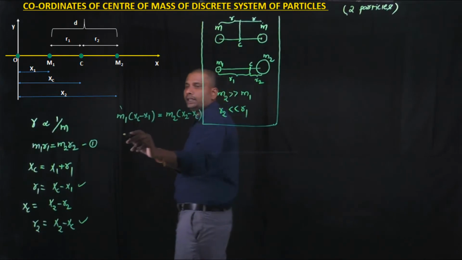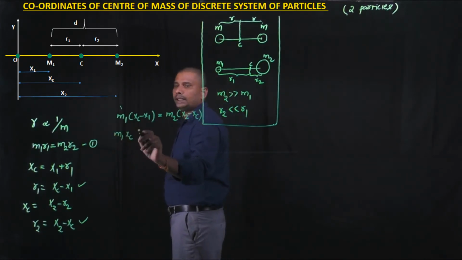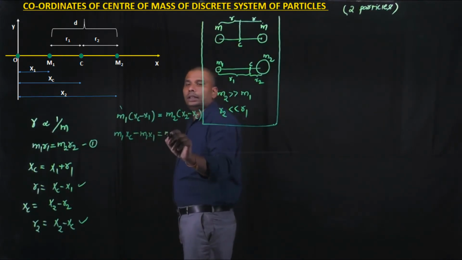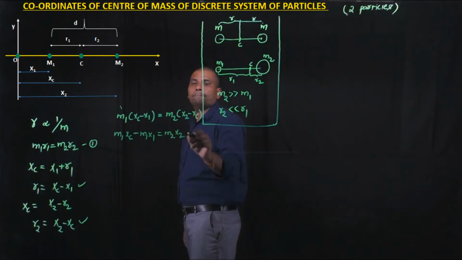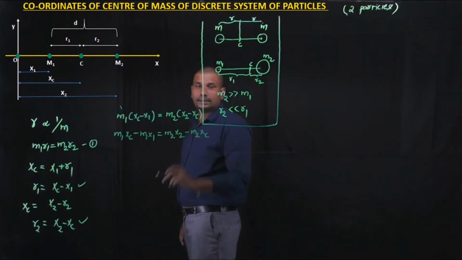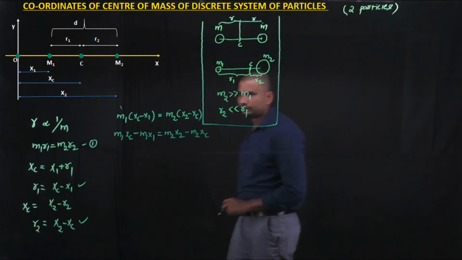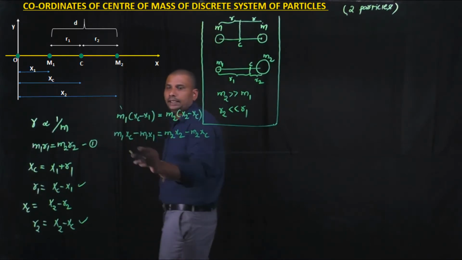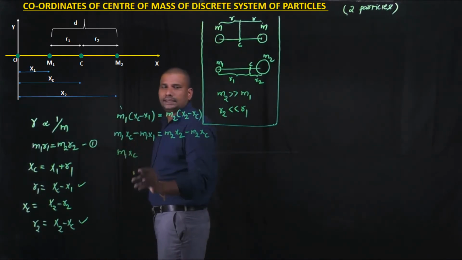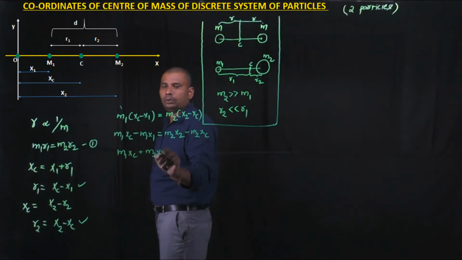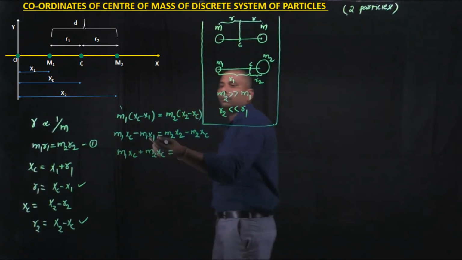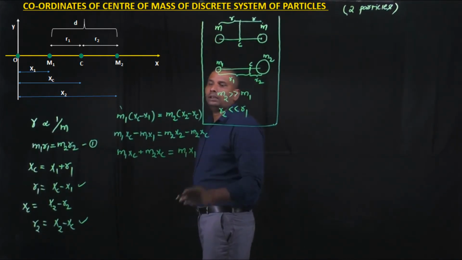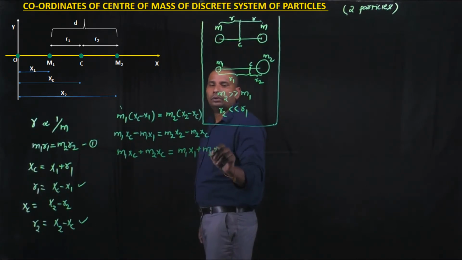By expanding this equation, it is m1 xc minus m1 x1 is equal to m2 x2 minus m2 xc. Moving minus m2 xc to the LHS, and minus m1 x1 to the RHS, it is m1 xc plus m2 xc is equal to m1 x1 plus m2 x2.